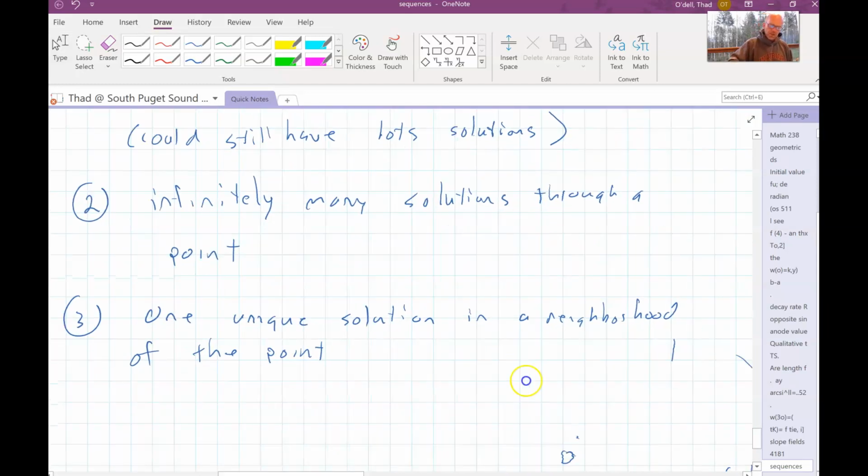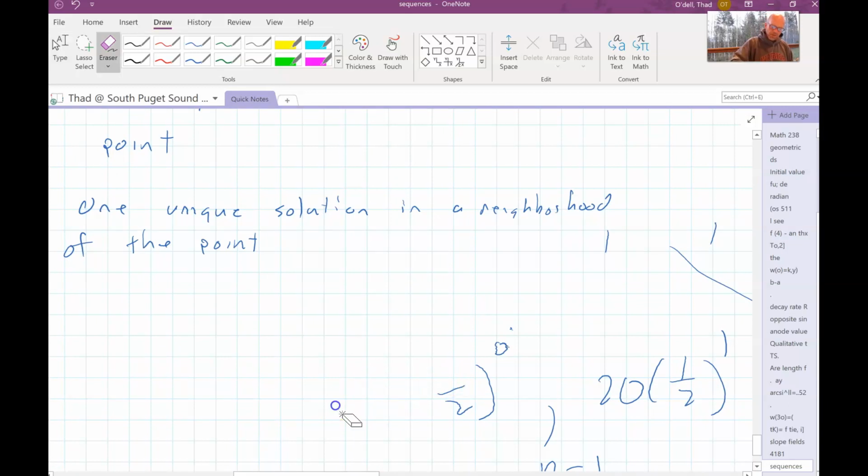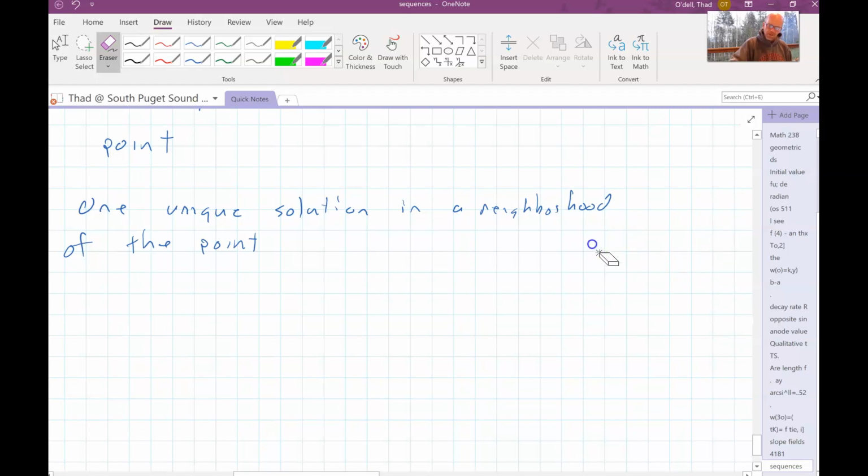The reason we say neighborhood is because, as we've talked about with slope fields, when we're drawing slope fields, we start somewhere and just see where they go, right? So there is this point (a, b), and we have this little open neighborhood around it, where there's only one solution that goes through that neighborhood.